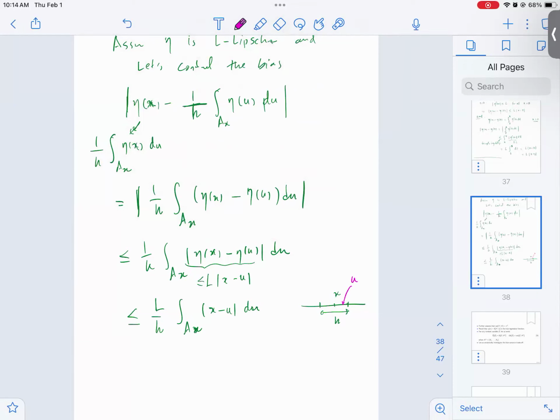So the distance x minus u is at most h. So I get L h, the h comes out, integral over A of x du. But this is also h. So once the dust settles, this is L h.